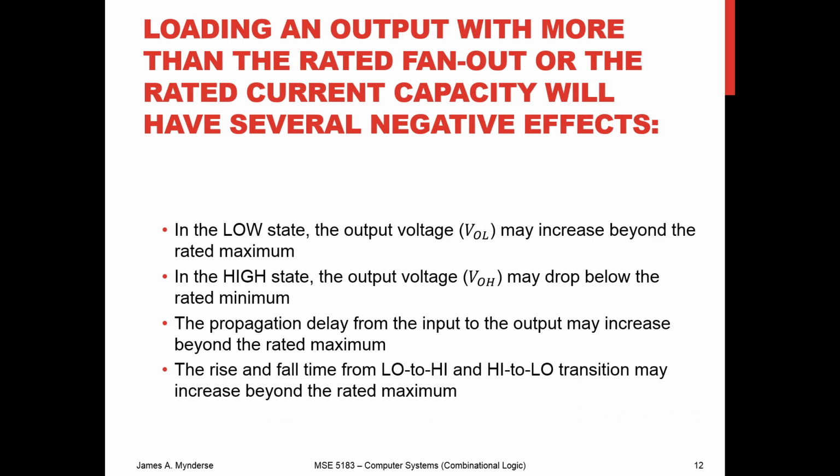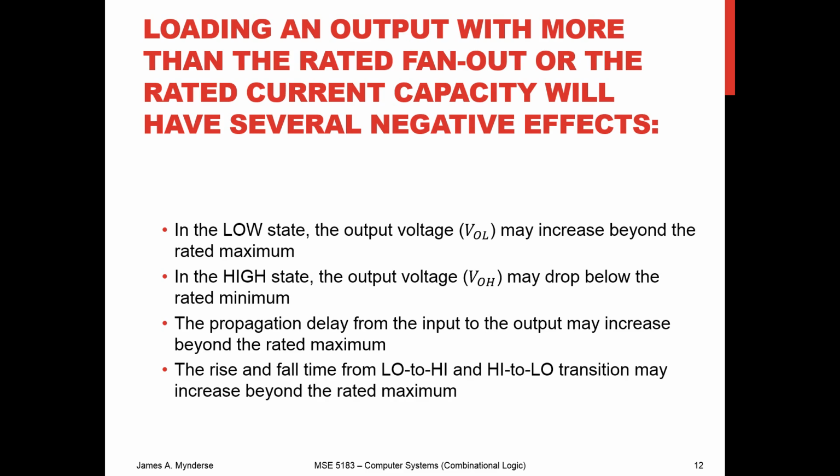What happens if you screw up and you use more than the rated fan out? Well, in the low state, your output voltage is going to increase. In the high state, the output voltage could decrease, which means that with your noise margin, you could be out of whack and you're now getting the wrong sort of signal. Your propagation delay can increase. The rise and fall time can increase, and now everything's just sort of out of whack.